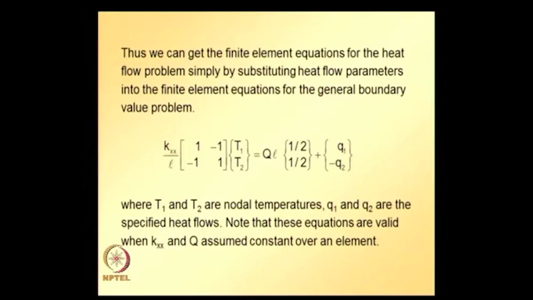Note these equations are valid when Kxx and Q are assumed constant over an element, because that is what we assumed when deriving the element equations for the general boundary value problem.